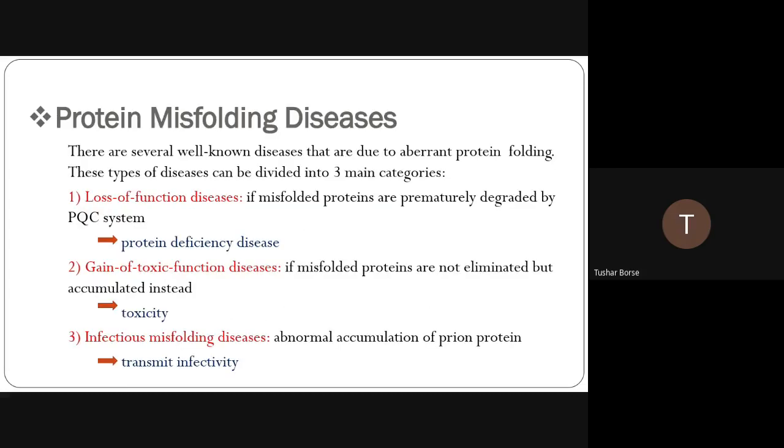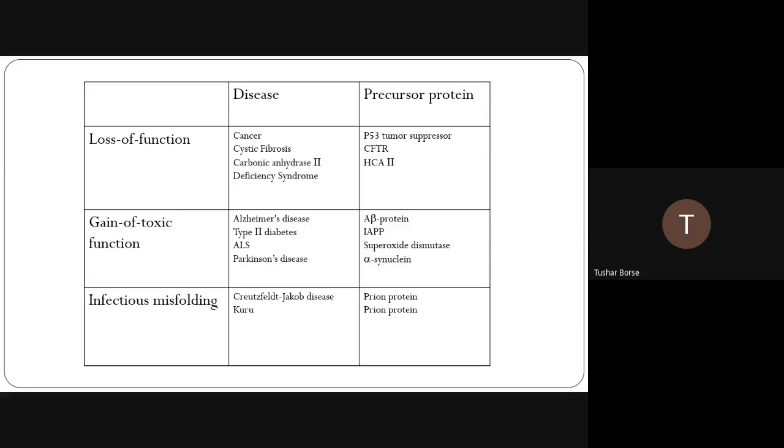So there are three types of diseases that can occur because of misfolding: loss of function, gain of toxic function, and infectious misfolding diseases. If there is a loss of function, diseases can occur such as cancer, cystic fibrosis, and carbonic anhydrase 2 deficiency syndrome.